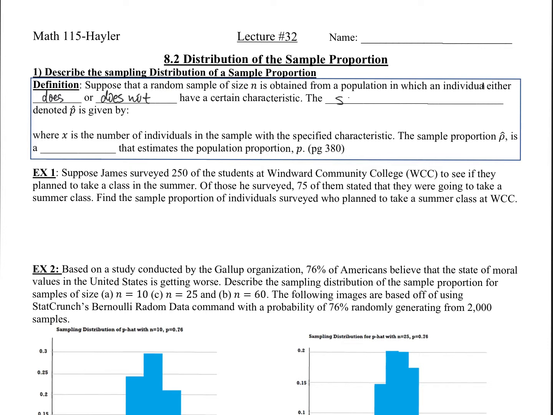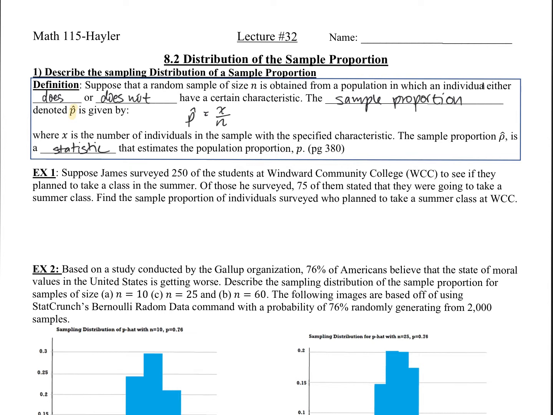The sample proportion, which is denoted p hat, so let me highlight that, is given by the formula p hat equals x divided by n, where x is the number of individuals in the sample with the specified characteristic. The sample proportion p hat is a statistic that estimates the population proportion p.